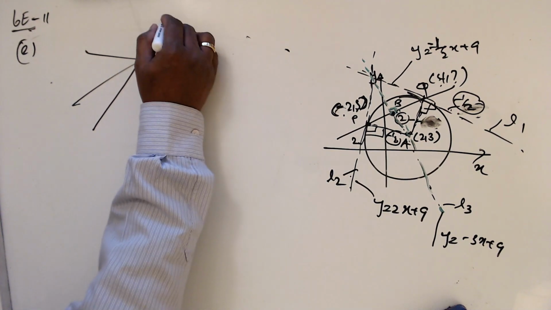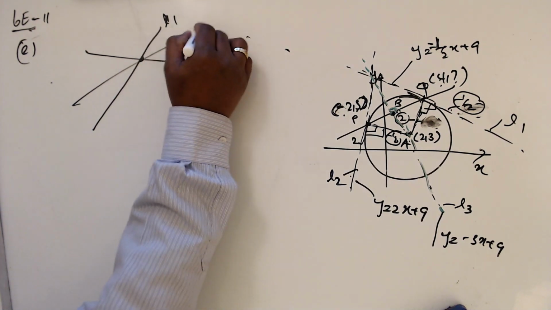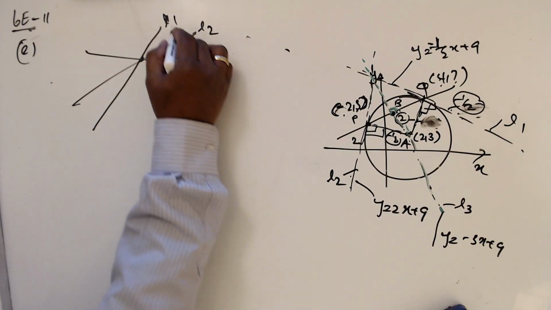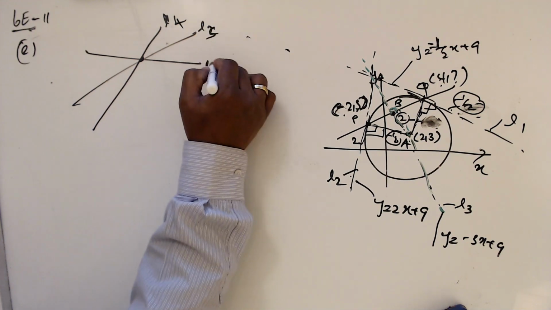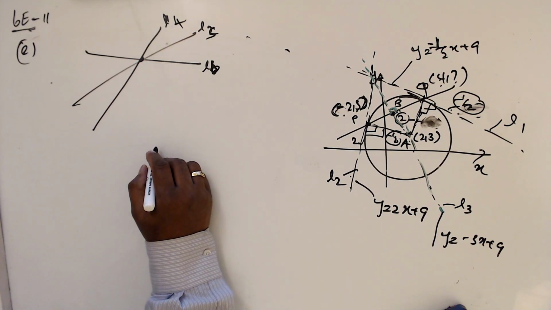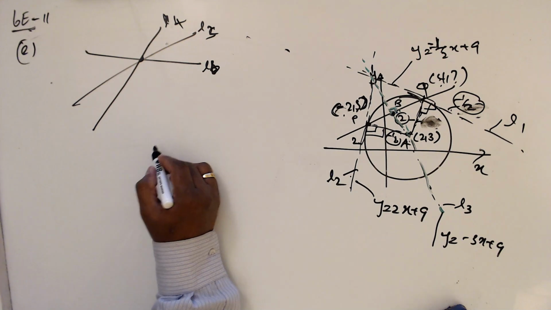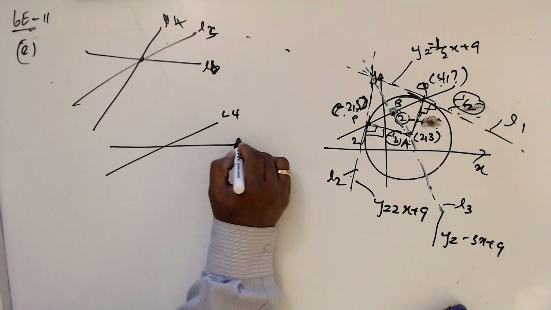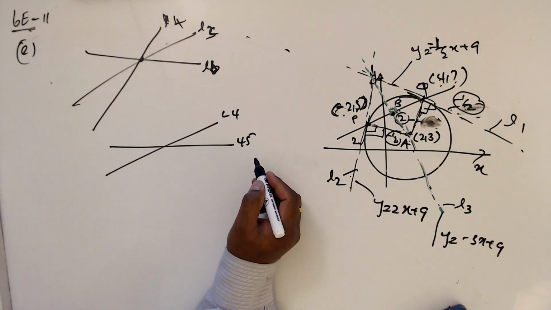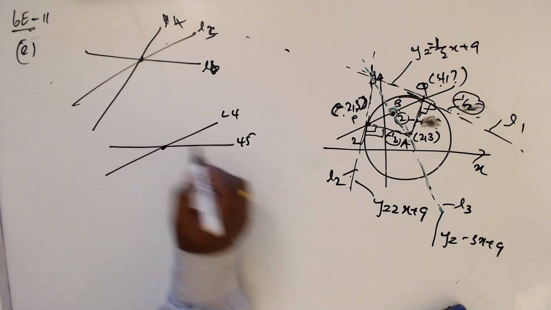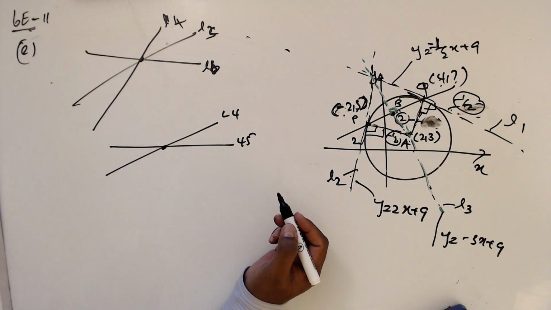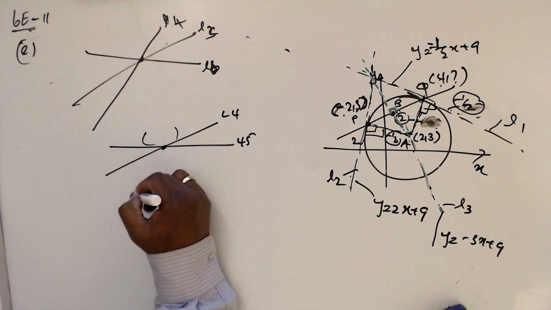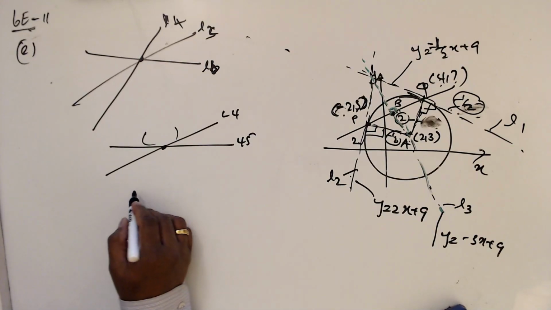Let's say this is L1, L2, L3, or L4, L5, L6, 3 lines. We can do it like this. We solve L4 and L5, then I'll find the intersection point. Then I will show that this point satisfies the L6 equation.